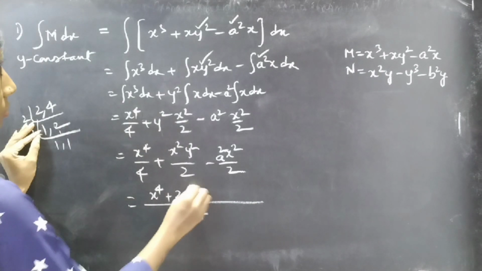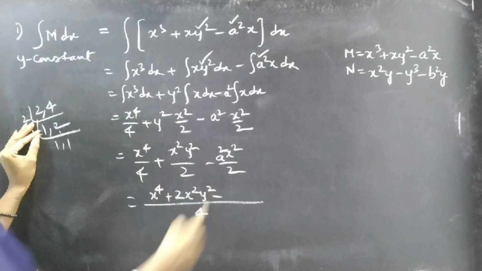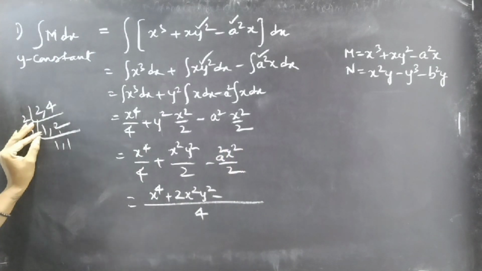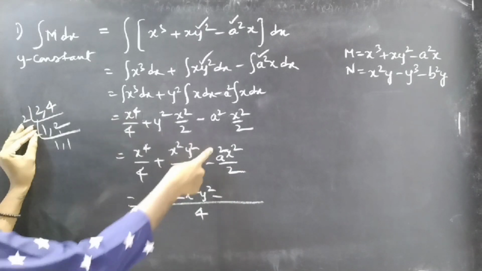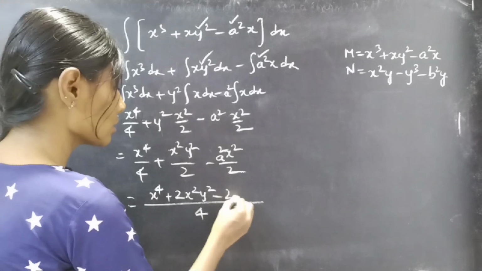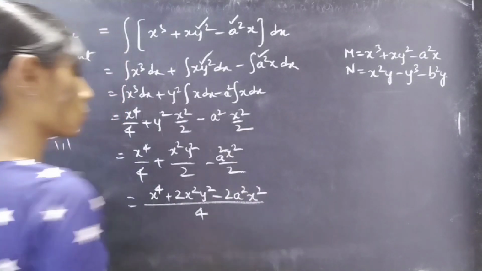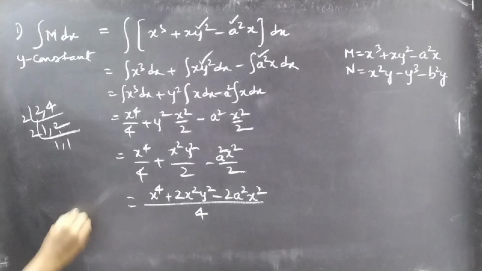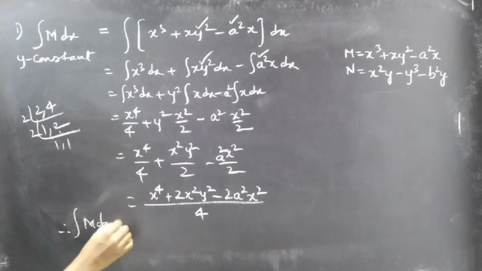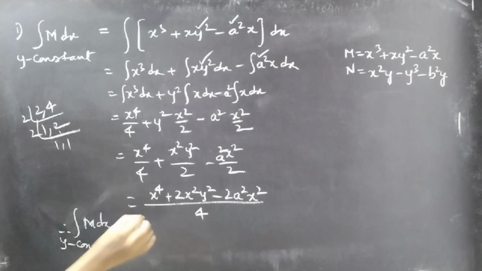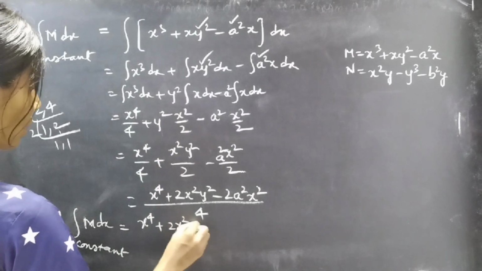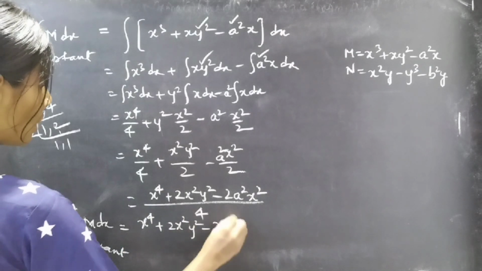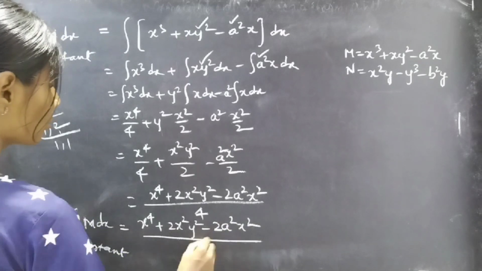You'll get 2x square y square minus, the denominator of the third term is 2, so cover 1, 2 and multiply this 2 to a square x square. You'll get minus 2a square x square, right? Therefore, the integral of M dx, where y is treated as constant, is equal to x power 4 plus 2x square y square minus 2a square x square, all by 4.